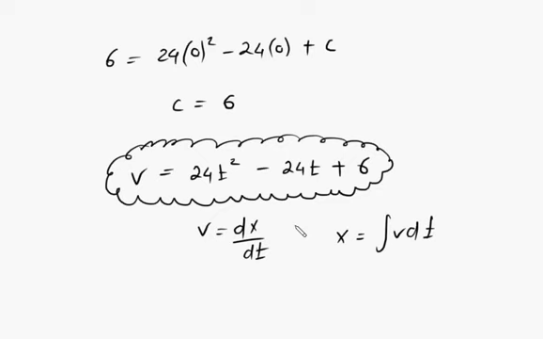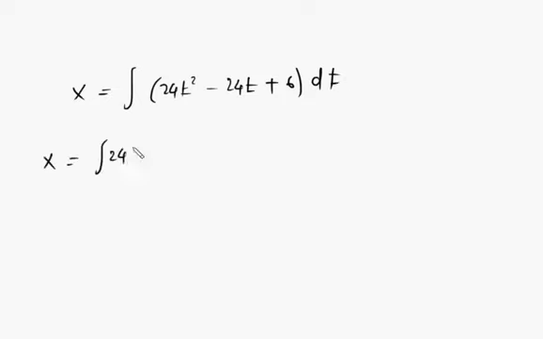So now, my distance means I will have to integrate my velocity, which is 24t squared minus 24t plus 6 dt. So it's a polynomial expression. It will be the integral of 24t squared dt minus the integral of 24t dt minus the integral of 6 dt.